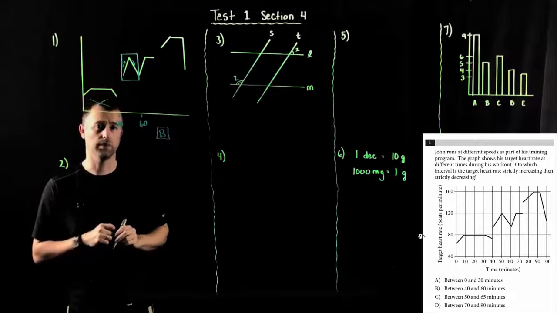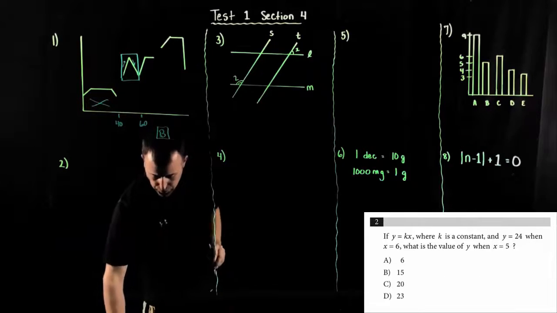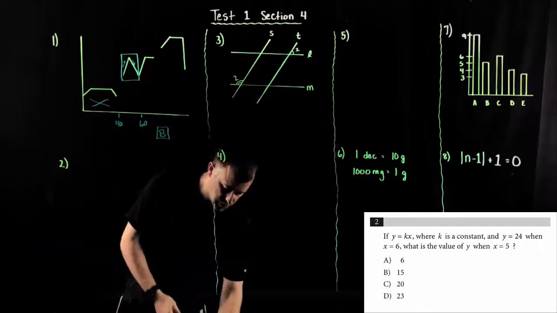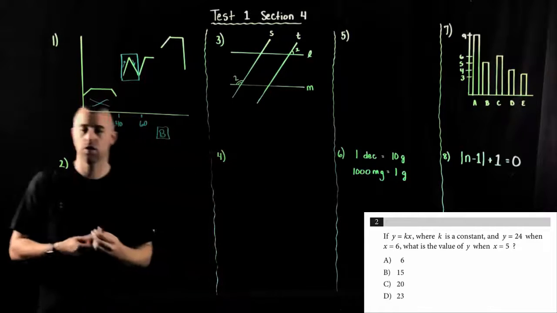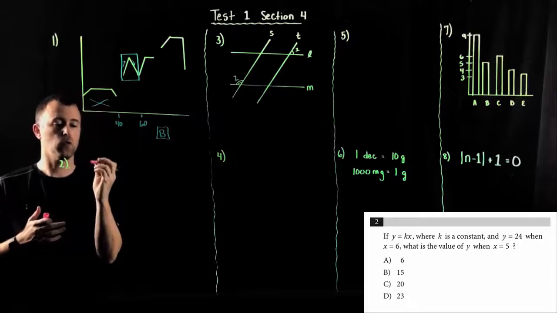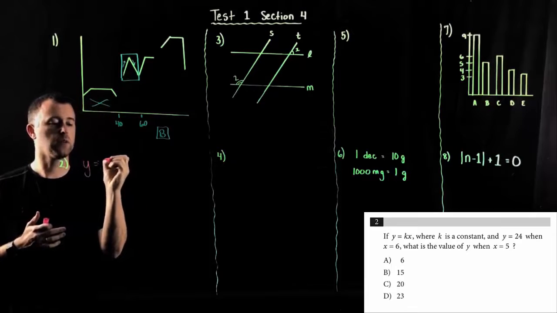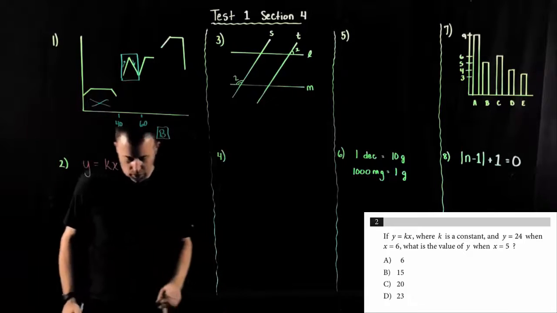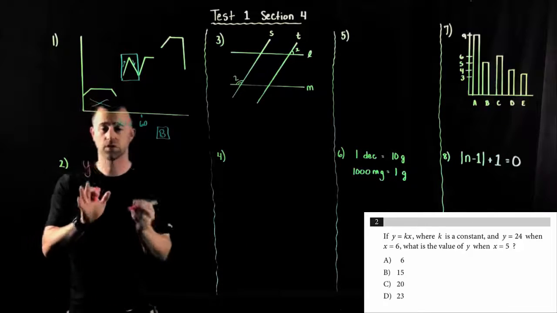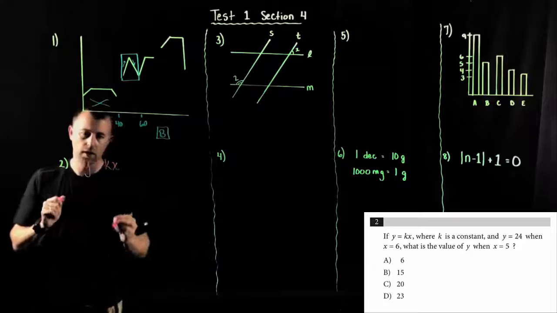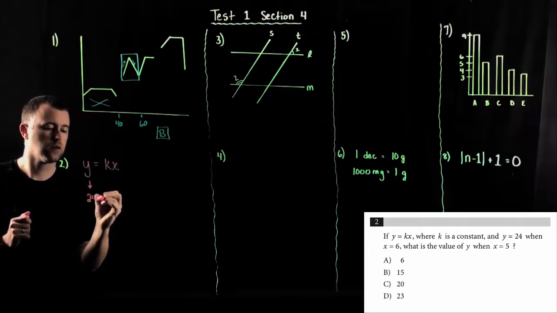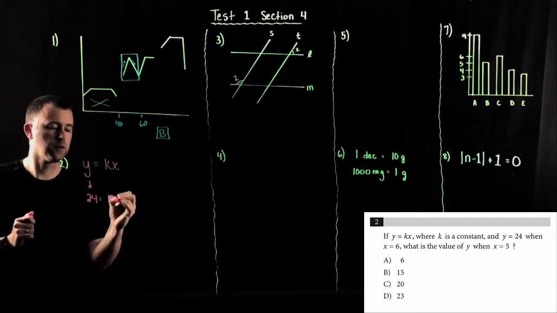So that's number 1. Number 2 says if y equals kx, so this is going to actually be a direct variation equation. So y is equal to k times x. And then what they're saying is y is 24 when x is 6. So I'm going to take this equation and call y 24 when x is 6.